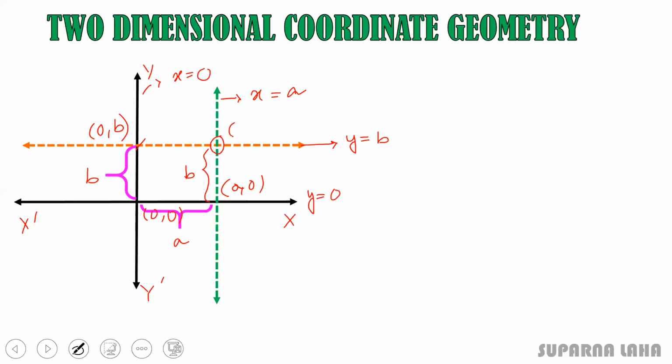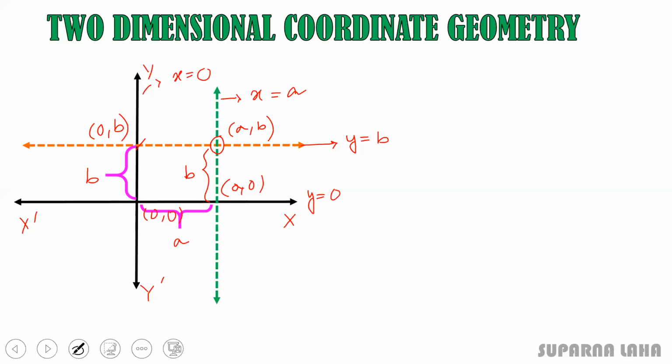So this point is a comma b, right? And this a is called the abscissa and this b is called the ordinate of this two-dimensional geometry. So this is about the equations of the x-axis, y-axis, and the lines parallel to the x-axis and parallel to the y-axis, and the point on the x-axis and the point on the y-axis.